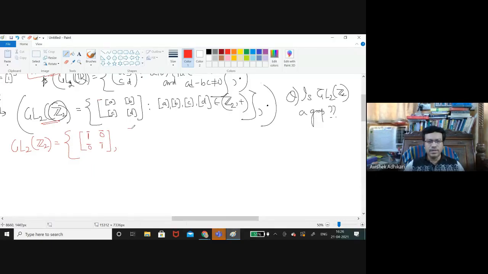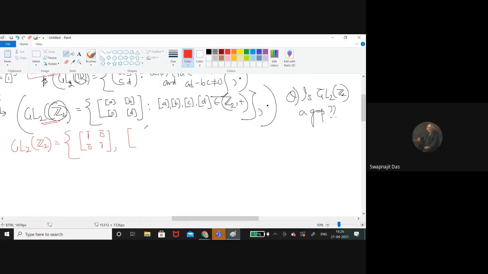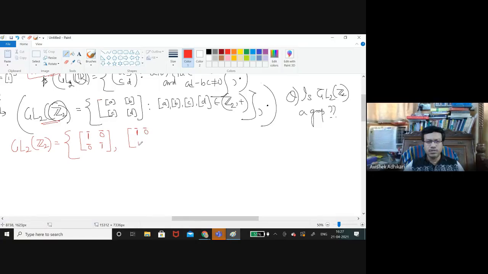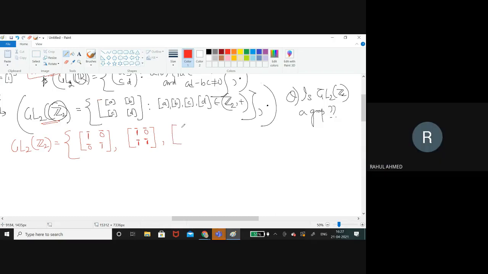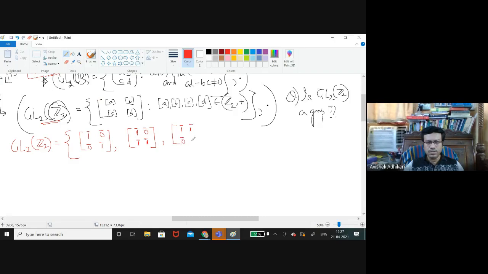Any other element? Can anybody tell me any other element? Sir, 1011. 1011. Very good. What is this determinant value? Again 1. Any other element? Sir, 1101. 1101.